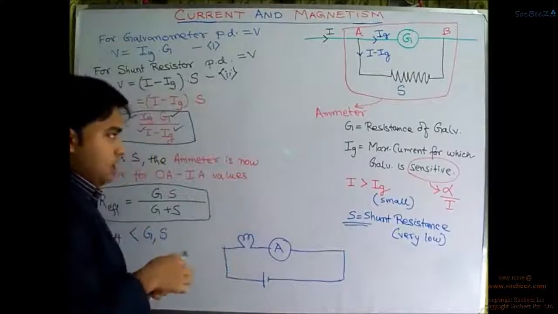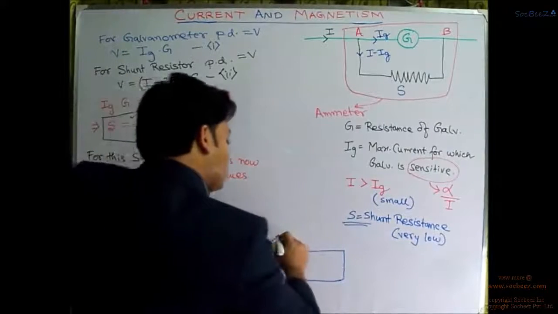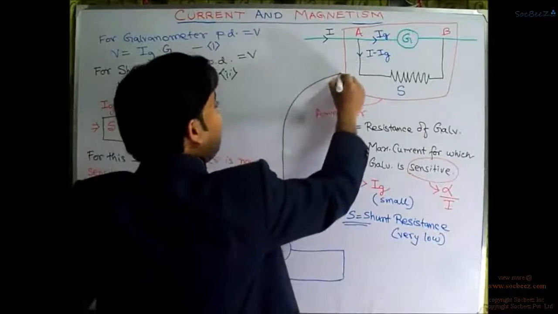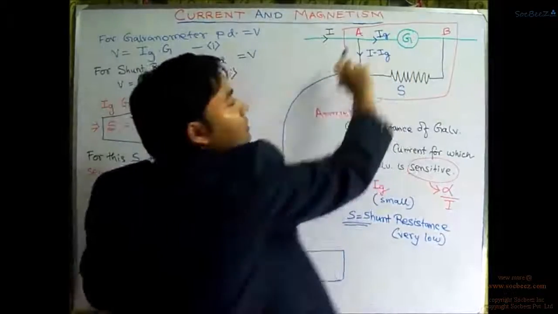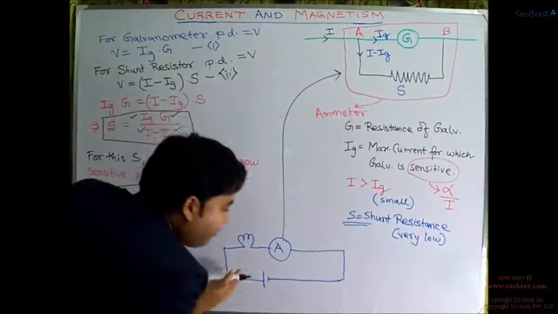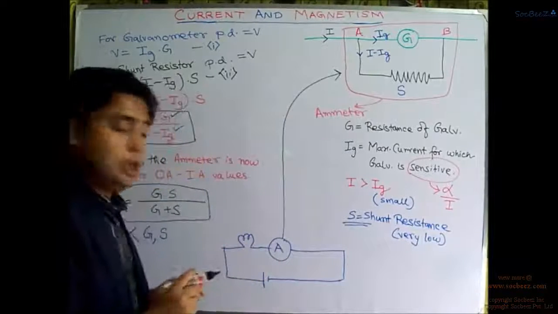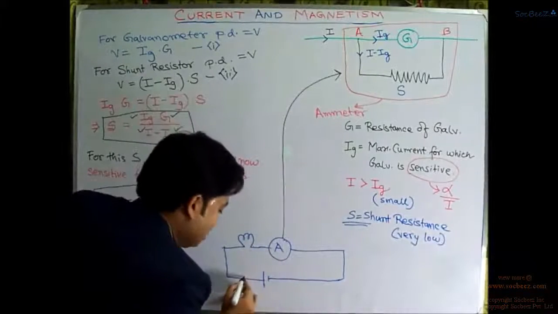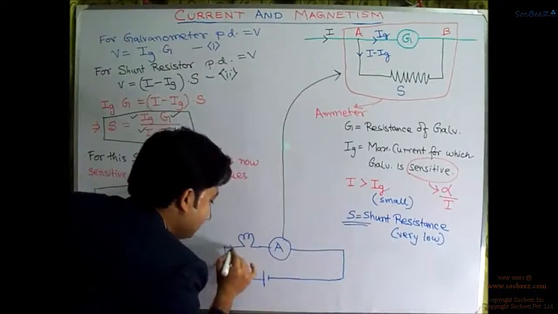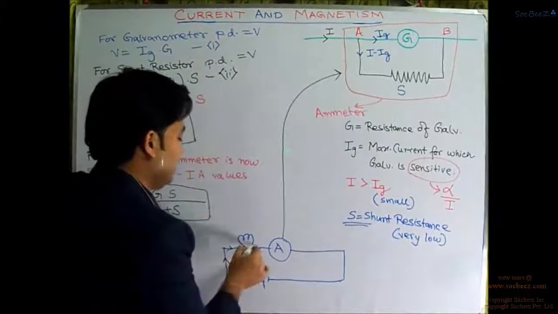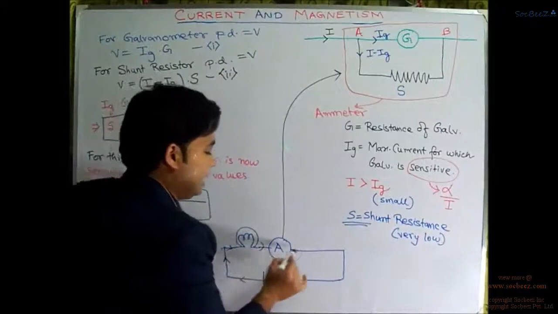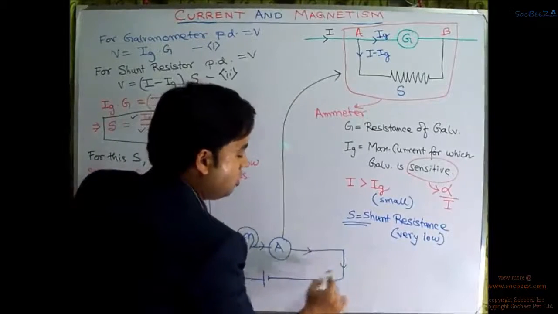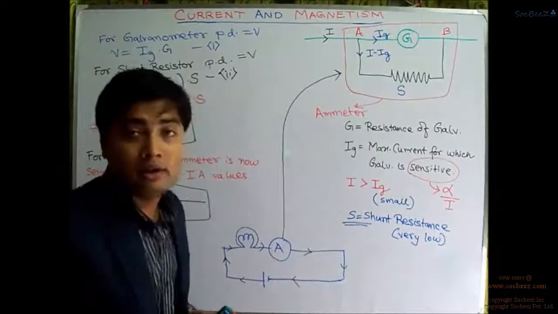So this ammeter is basically this entire thing, right? And if we place this ammeter in the circuit, we will notice that it is being connected in series to this circuit.